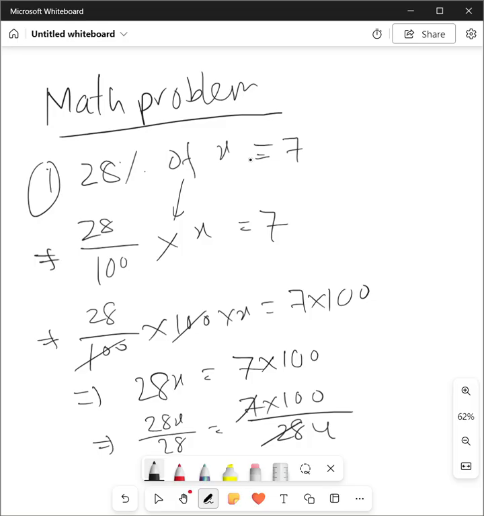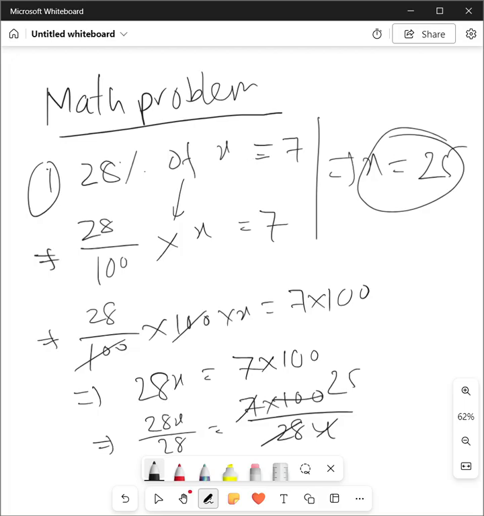And you also know that 4 goes into 100 twenty-five times, that means 4 times 25 equals 100. So this is our answer for the x value. Here we write x equal to 25. So this is our answer.